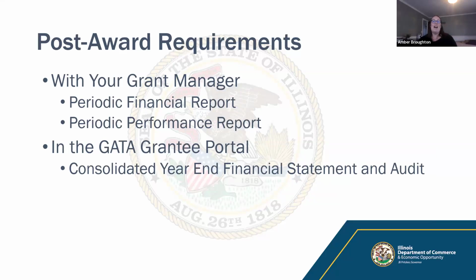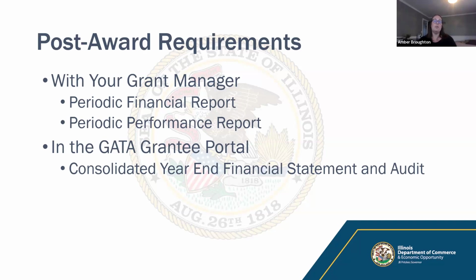All right, so I've laid out all of the pre-qualification items and how to submit your grant. I'll just give you a brief overview of what to expect as a DCEO grantee. Please keep in mind that you will be submitting periodic financial reports and periodic performance reports.